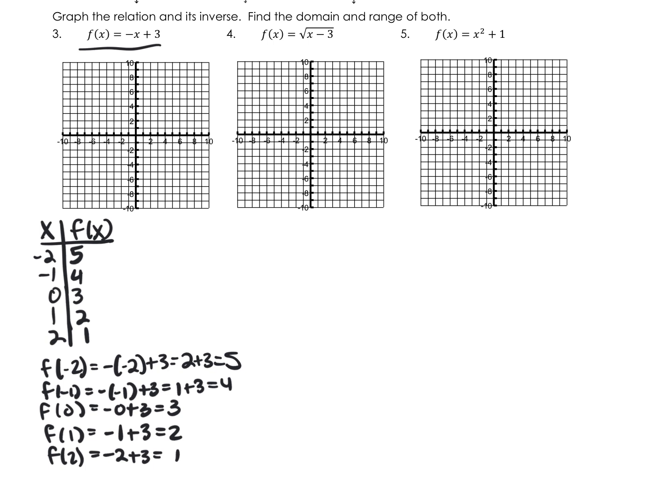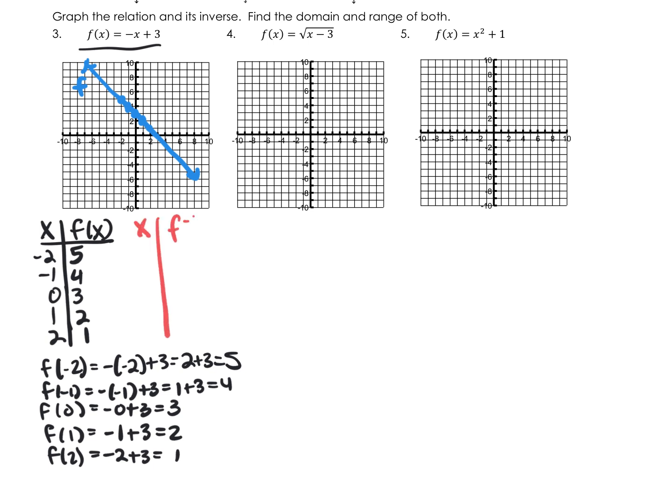So -2, 5, -1, 4, 0, 3, 1, 2, 2, 1. So these make this line here, and we will call this f. So now let's find the inverse.